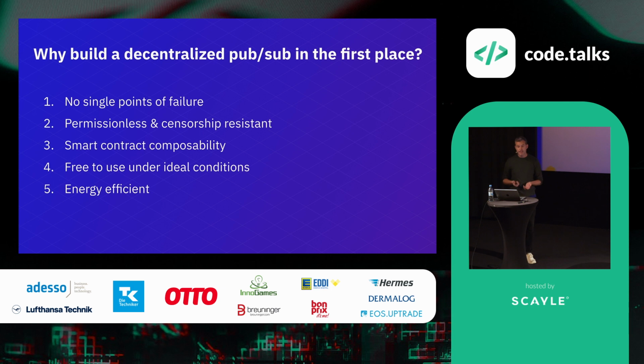It's permissionless and censorship resistant. So again, speaking to the ideological benefits of decentralization here, the Streamr team can't stop anyone from running nodes and pushing data, so it's an unstoppable data stream. There's smart contract composability. I'll get into this a little later in the technical section. It's free to use under ideal conditions.